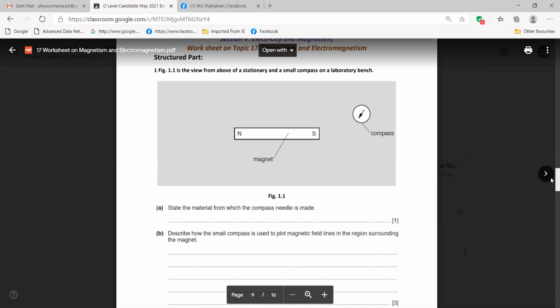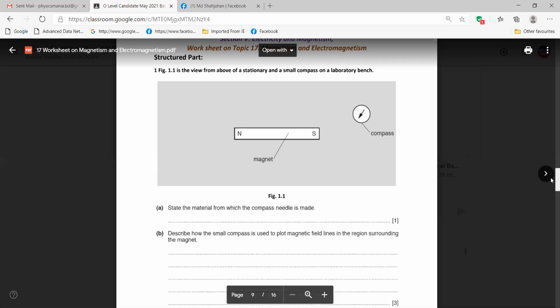Describe how a small compass is used to plot magnetic field lines in the region surrounding the magnet. So we can use the compass to plot magnetic field lines. How? We can move it around the magnet.